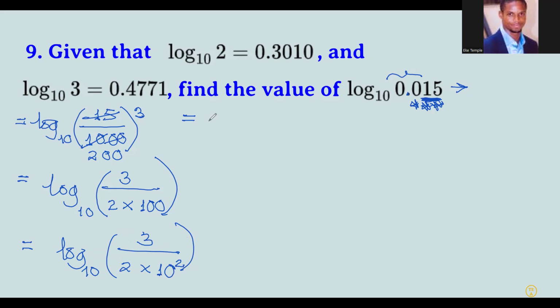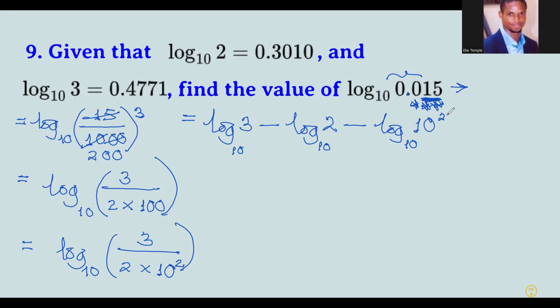The one in the numerator, of course, will be the positive logarithm. So log base 10 of 3. The one in the denominator, each of them, negative logarithm for being in the denominator. So minus log base 10 of 2. Another minus log base 10 of 10 squared.